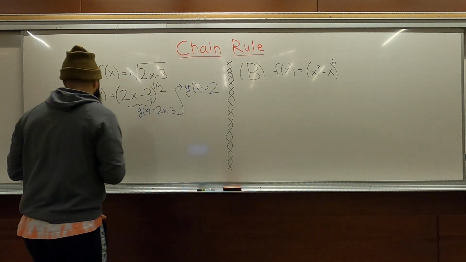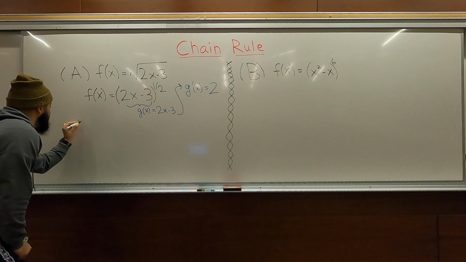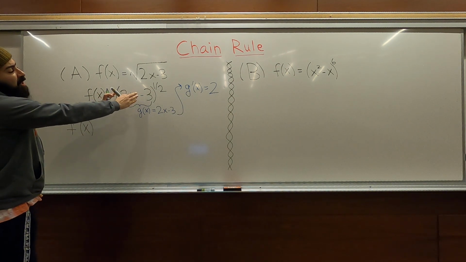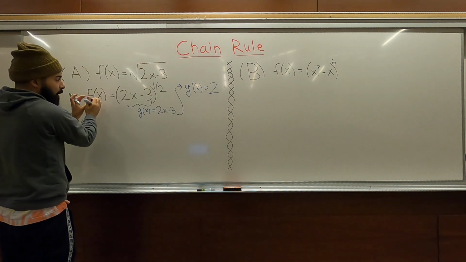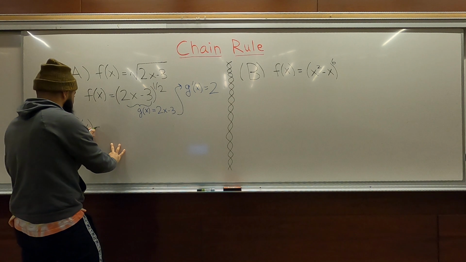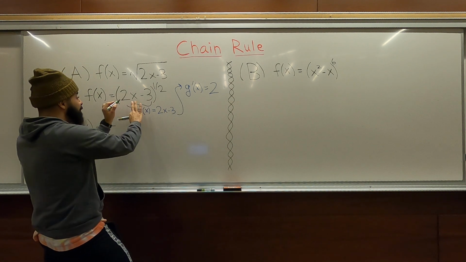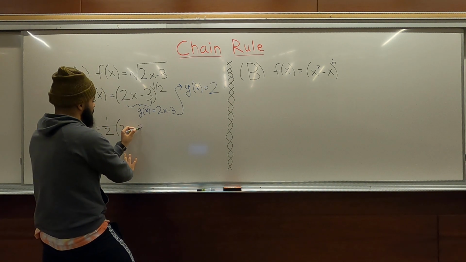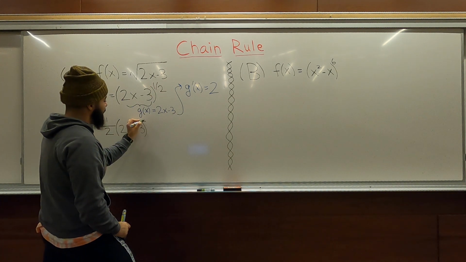Now we can go ahead and find f prime. So f prime of x. When we look at the bigger function, it's really something to the 1/2 power. You're going to bring the 1/2 down, subtract 1, and then keep the inside the same. 1/2 minus 1 is negative 1/2.